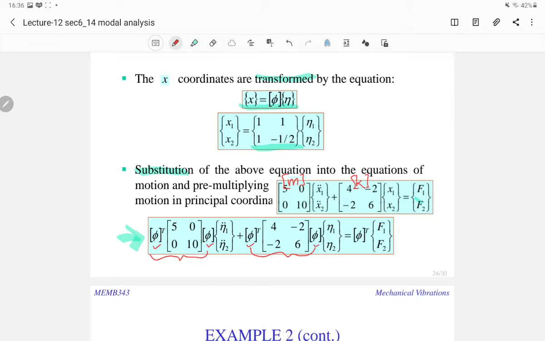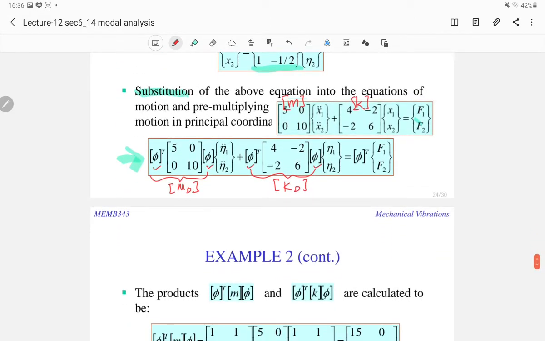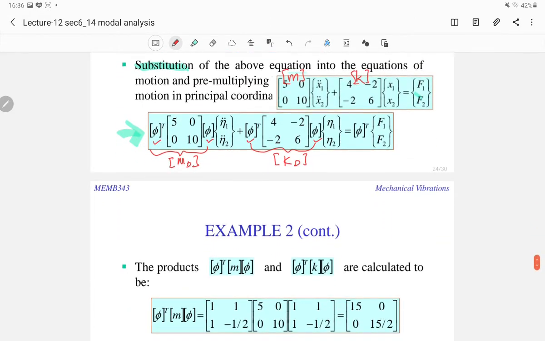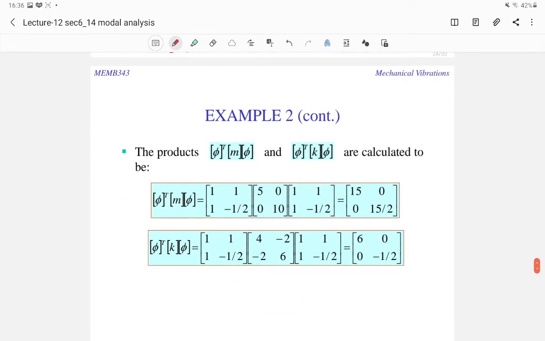Okay, same as you do with this one, so you can get MD and KD. Okay, we follow the previous steps. After that, you may need to do a bit of revision on how you get this value.